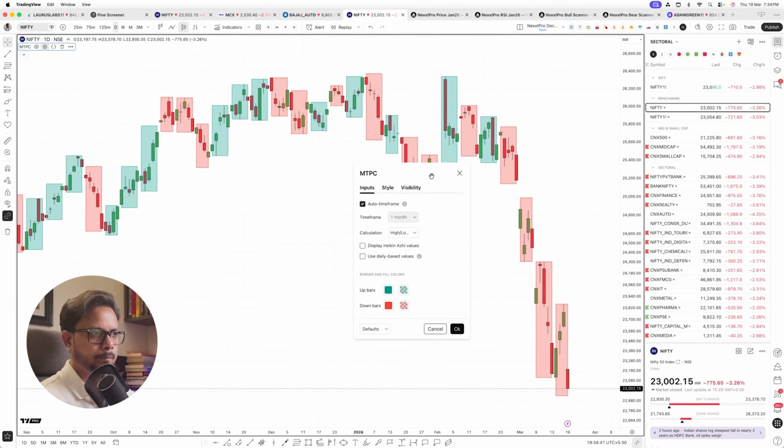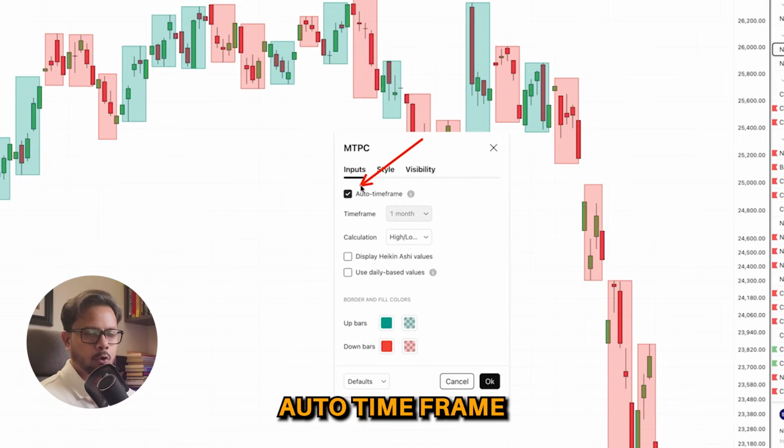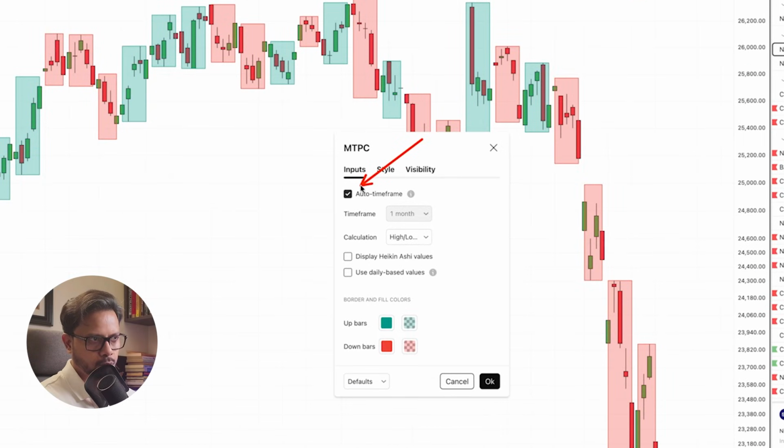First, let's understand that by default, it comes on auto time frame. What this indicator is trying to do is show us the price behavior of multiple time frames. Anything more than one is multi, but over here, it's essentially two time frames.